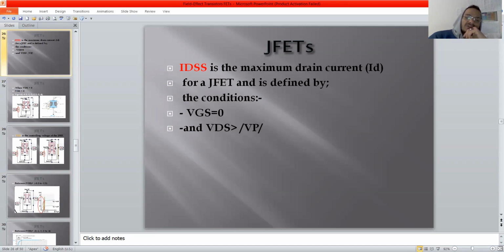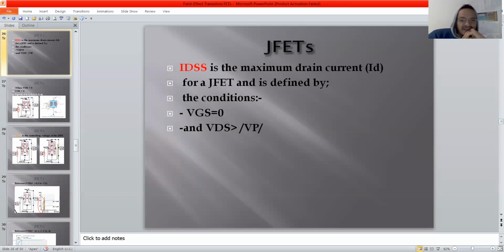Here, when we put minus 0.5, this picture is wrong. I think I took these pictures from different sources, but here it's wrong because it must be connected with reverse bias. The negative terminal must be connected with the P side, the holes, and the positive terminal must be connected with the N terminal.